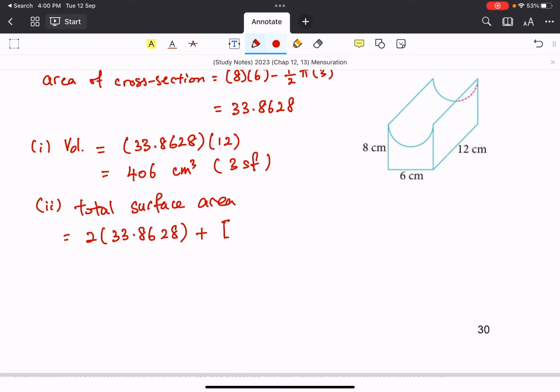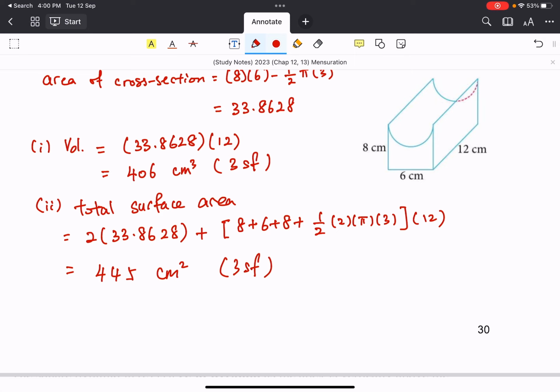The perimeter of the cross section in this case will be 8 plus 6 plus 8 plus half of the circumference, so half times 2 times pi times 3. And you multiply by 12. Work this one out, you get 445 square centimeter corrected to 3 significant figures.